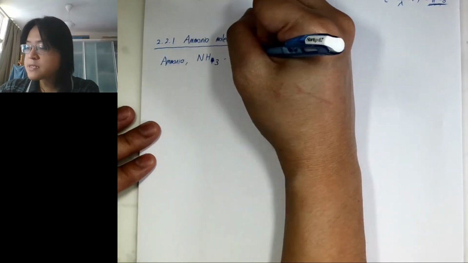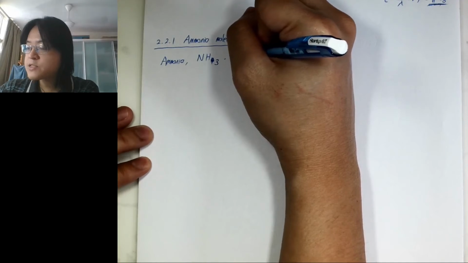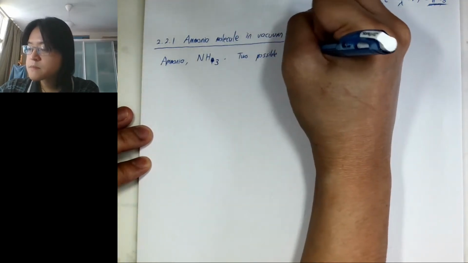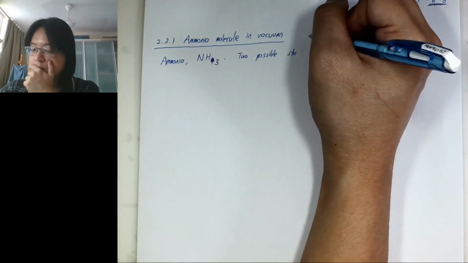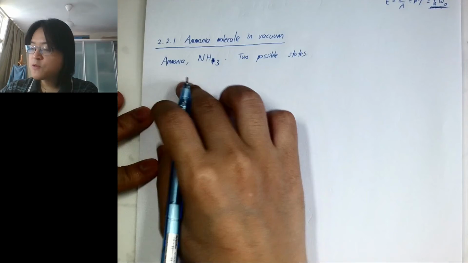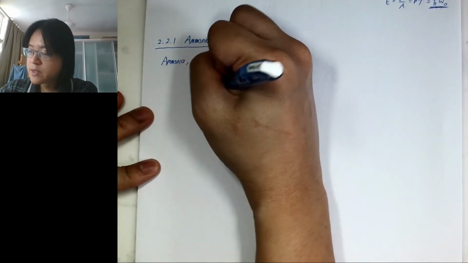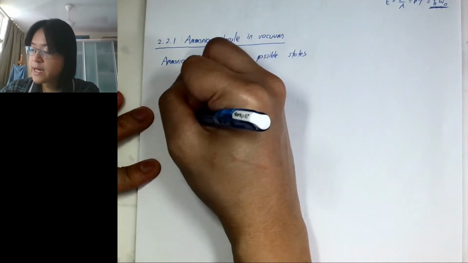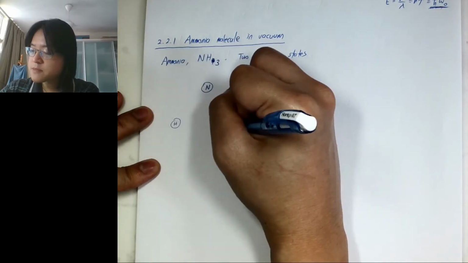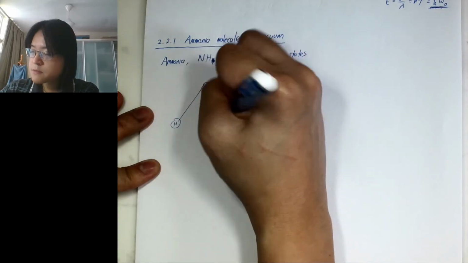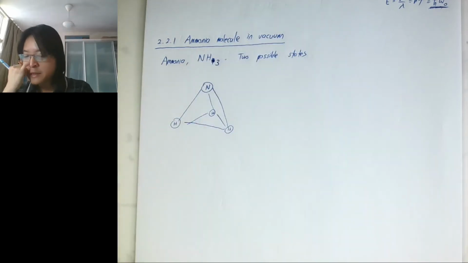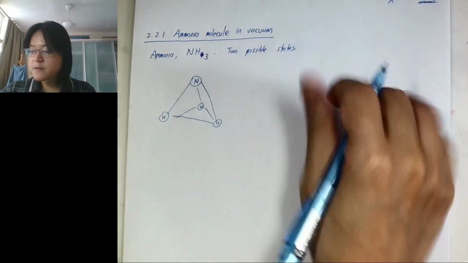It has two possible states. Let me try to draw it. The nitrogen atom is attached to 3 hydrogen atoms. Something like this.